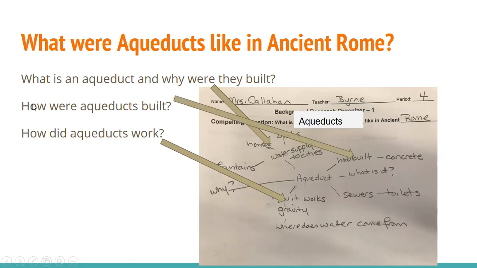This whole section talked about how and the methods, and then this one talked about how they worked. So those would be good sub-questions for your big question, what were aqueducts like in ancient Rome? You could talk about why they were built, how they were built, and how they worked. That would be great questions for your big question.